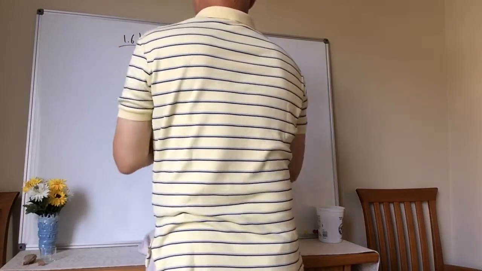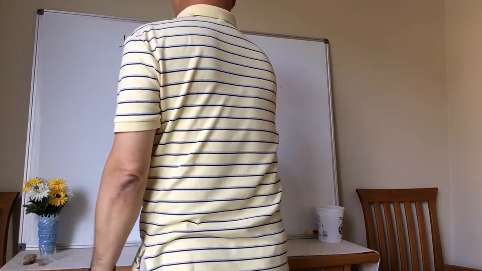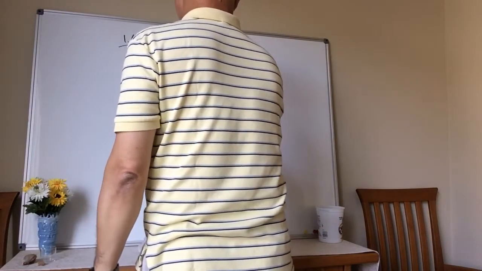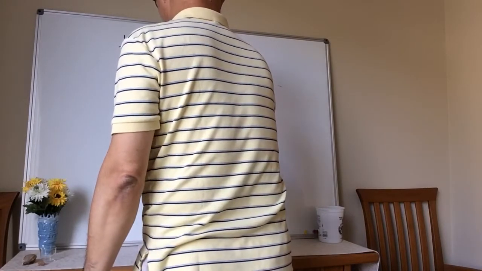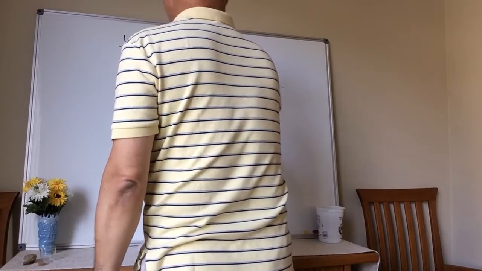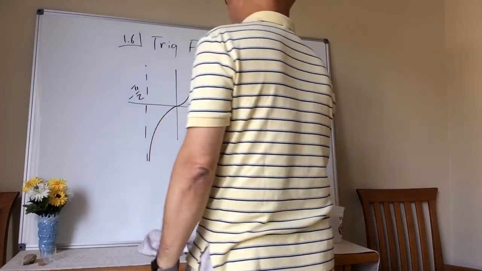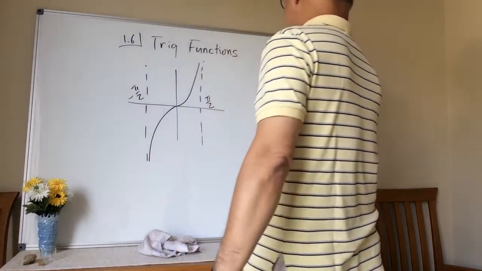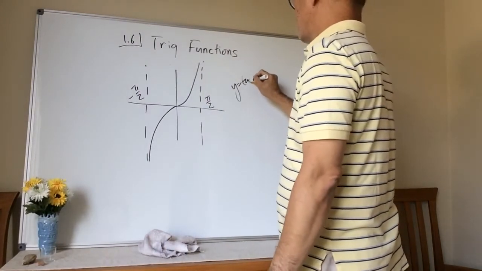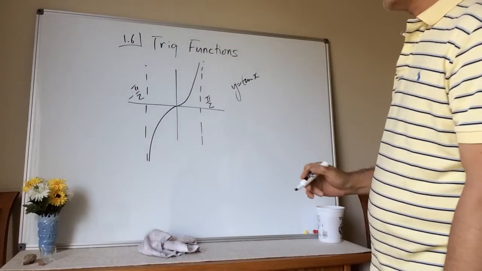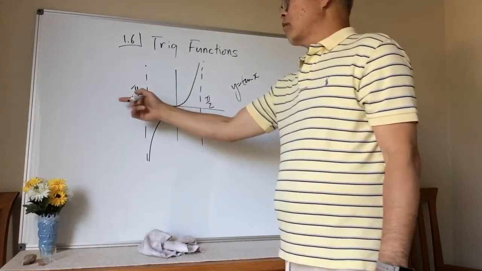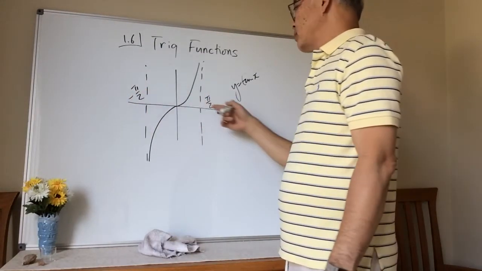And then we have the tangent graph. The tangent graph looks like this. Negative pi over 2, pi over 2, and it repeats itself again and again. So for the tangent graph, our domain is going to be what?